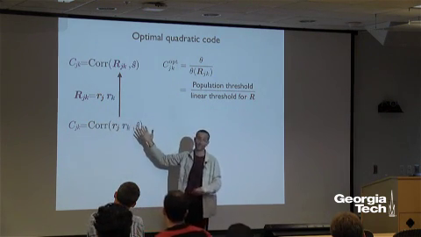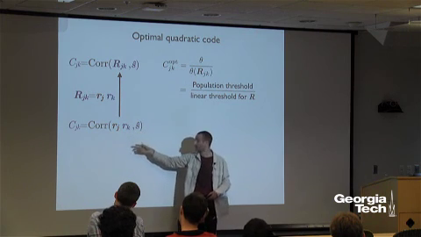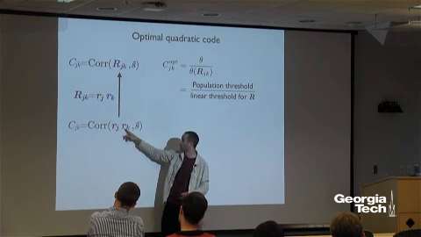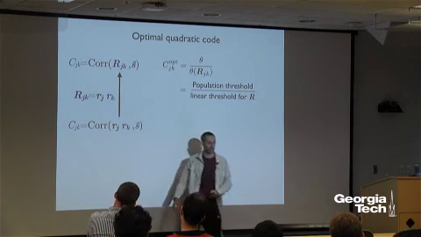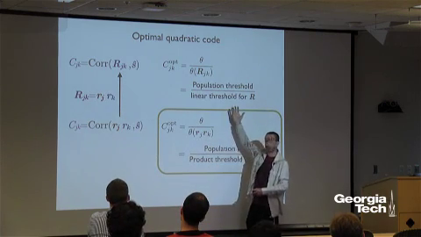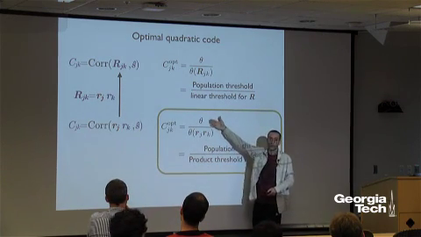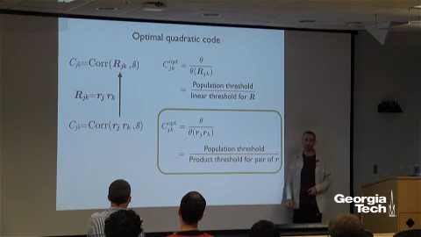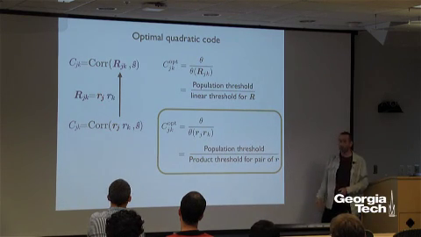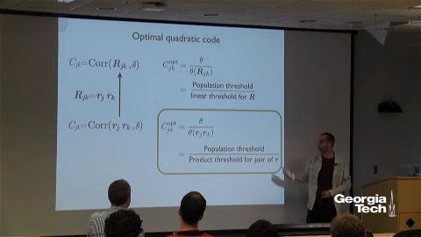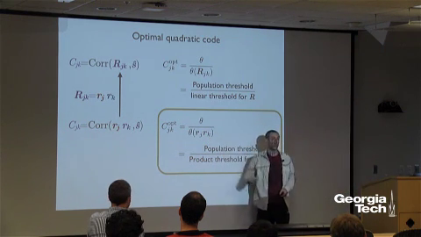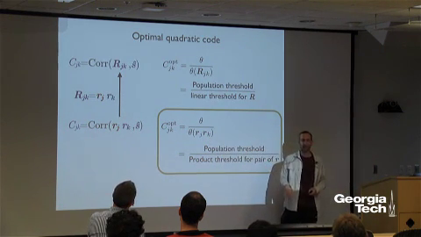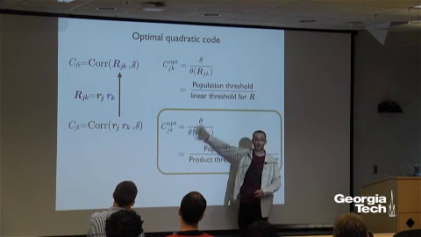In the quadratic code, it's a third order statistic: Rj times Rk times S hat. And we have the same formula: the threshold for the animal divided by the threshold for that particular pair. You can do this for lots of different products of neurons that you recorded from in your population and see whether this equation holds.